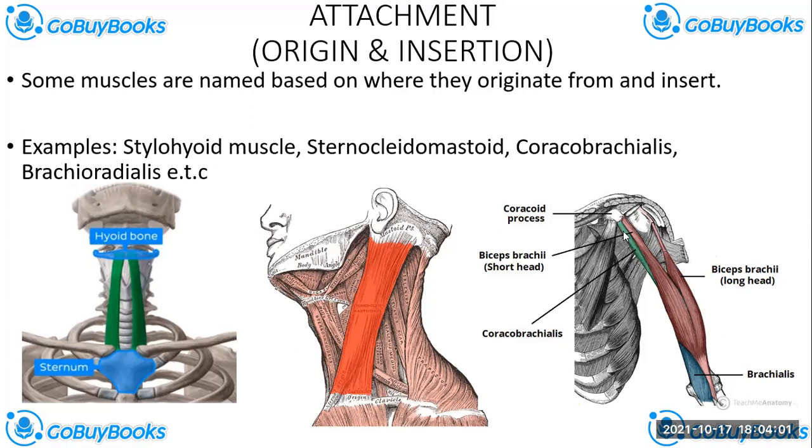From the coracoid process to the humerus, which is brachial, like the arm is brachial. That's the Latin word for our arm. So it comes from the coracoid process to the arm. That's why it's called coracobrachialis. Simple as that. There are many other examples of muscles that are named this way, but these are just the ones we talk about. So you can just apply this knowledge to other ones.